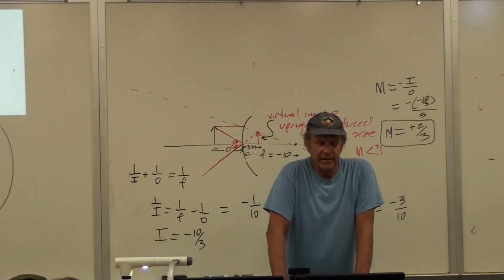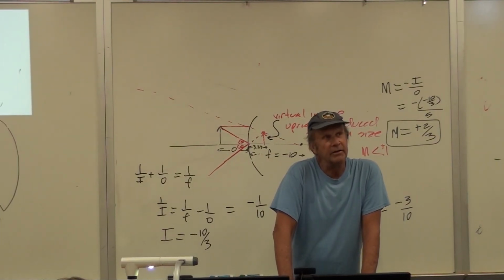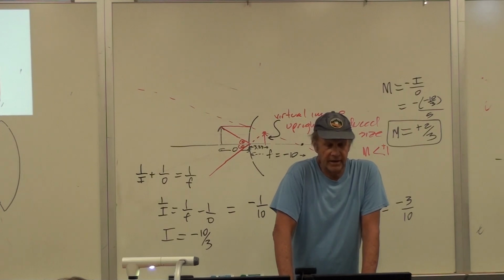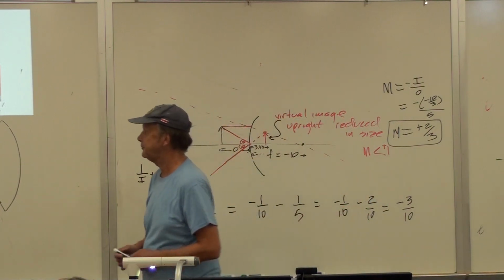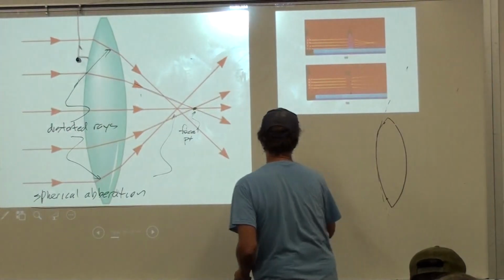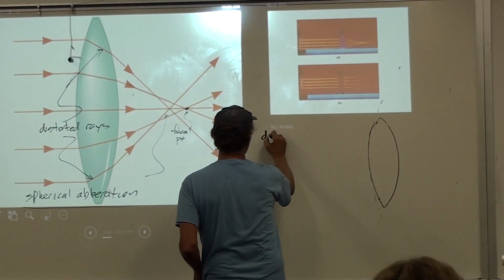And similarly, we get the same kind of problem in a camera. You can get different kinds of aberrations, and you can get color distortions too, because different frequencies of light have different indices of refraction.